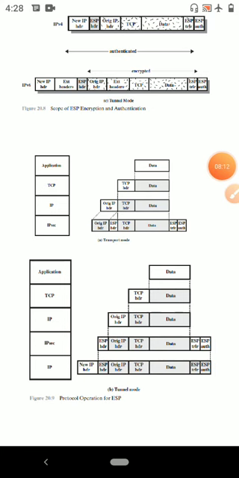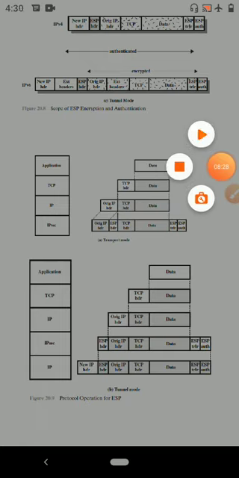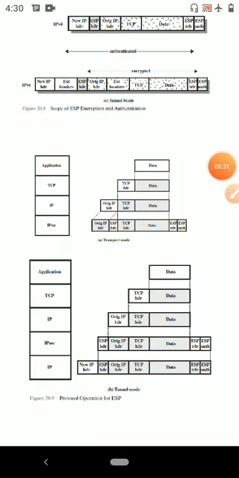Next, the outer packet is routed to the destination firewall. Each intermediate router needs to examine and process the outer IP header plus any outer IP extension headers, but does not need to examine the ciphertext. Next, the destination firewall examines and processes the outer IP header plus any outer IP extension headers.